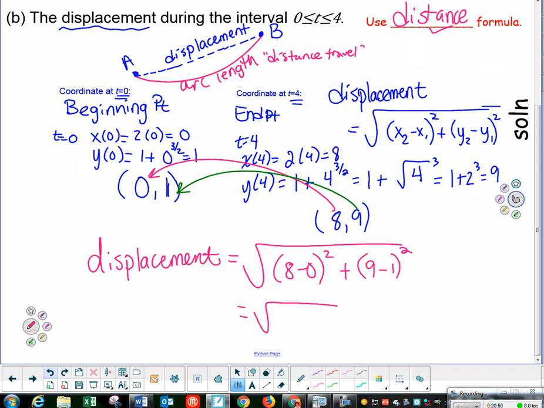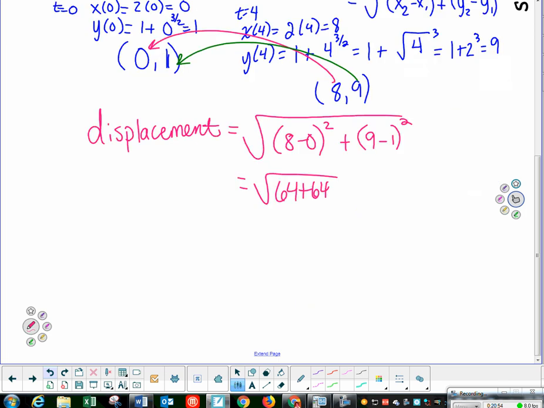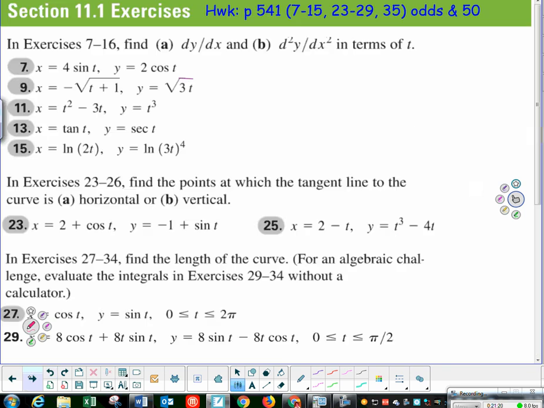Can you do the math? 64 plus 64 makes square root 128. As a decimal, 11.314. If you wanted to simplify your radical, this would have been 64 times 2. That's an 8 root 2. All right. That is the rest.